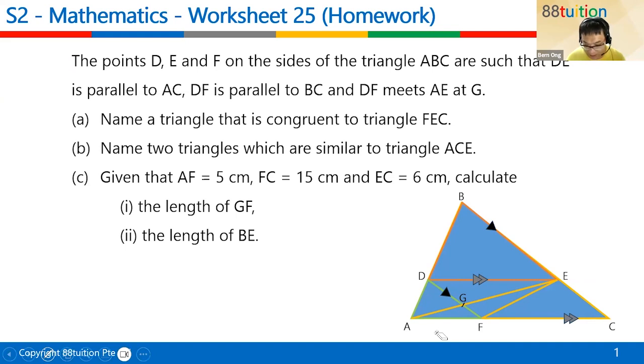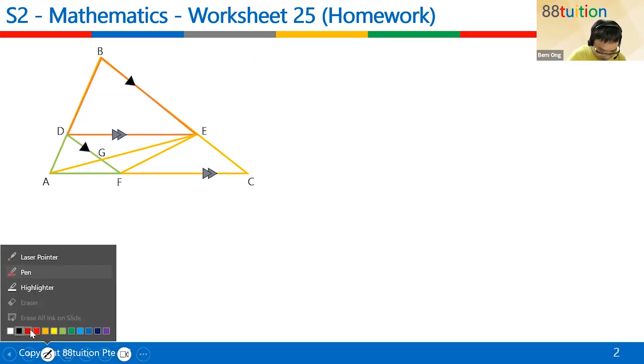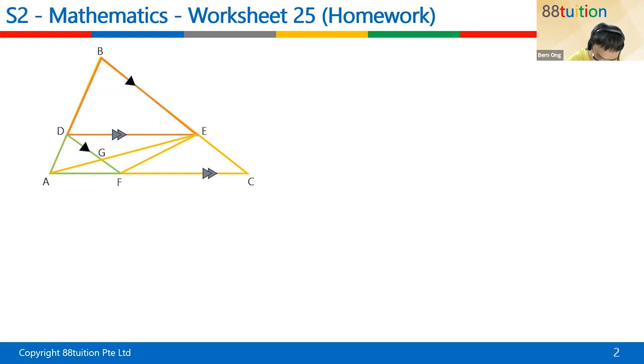You are supposed to name a triangle that is congruent to FEC. So where is FEC? This is FEC, the purple triangle, here. And what did I say just now, children?